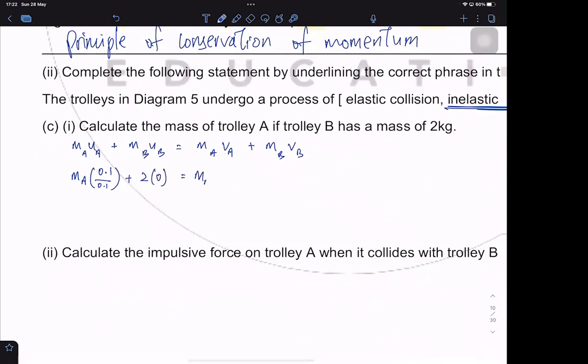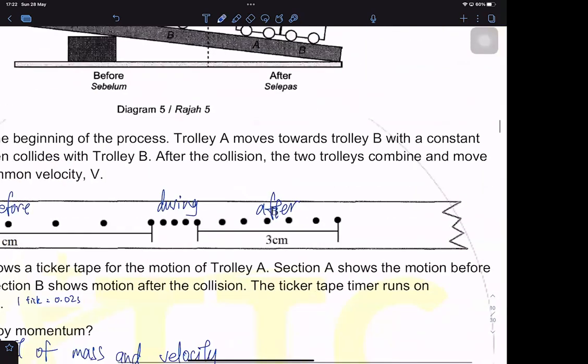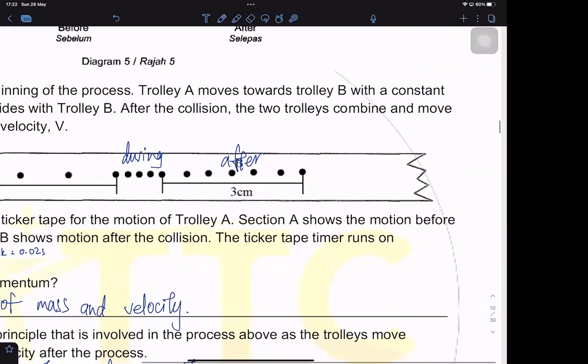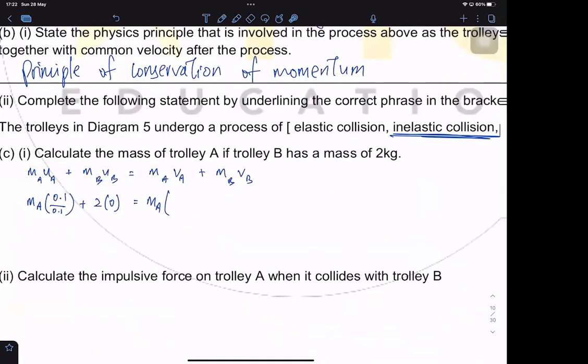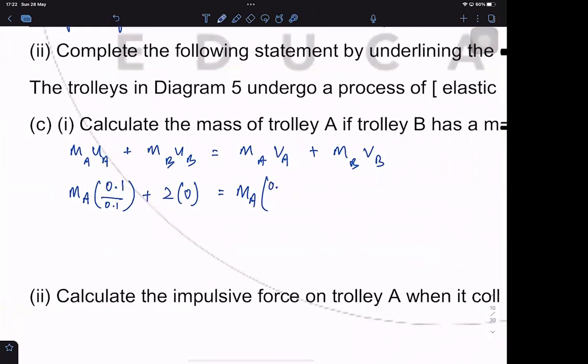Okay, the mass of A. The final velocity of A, let's see, after it hits, that's the final velocity. Distance is 3 cm, so that's going to be 0.03. Again, change to meters.